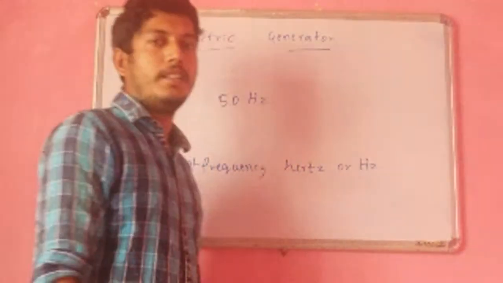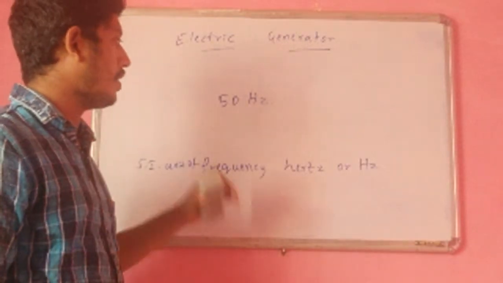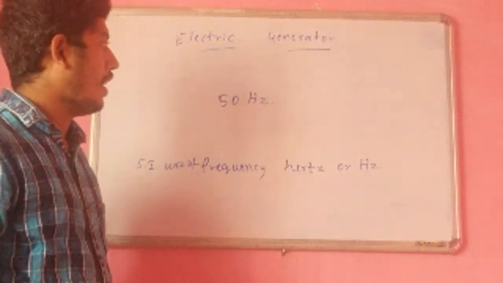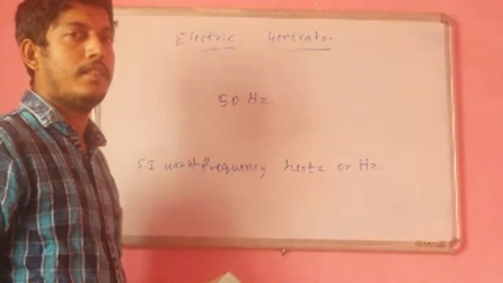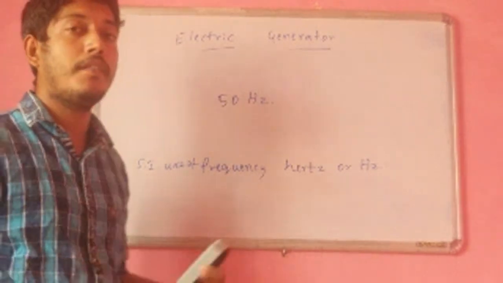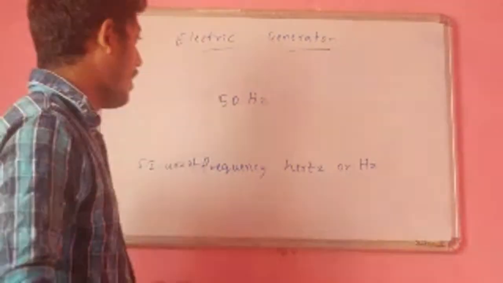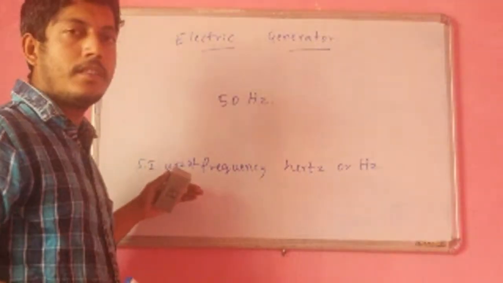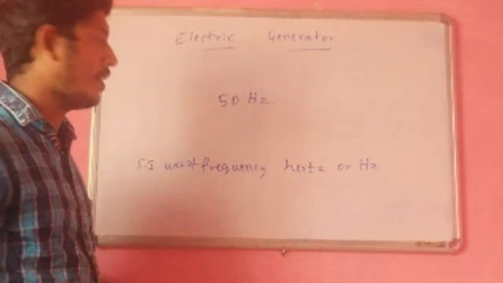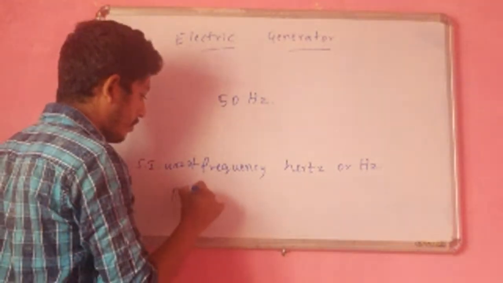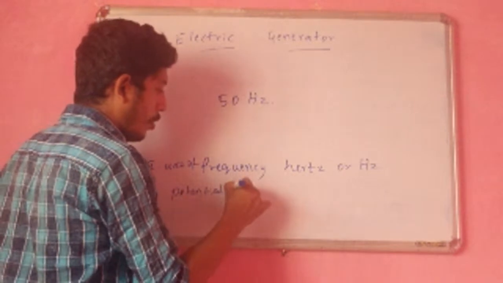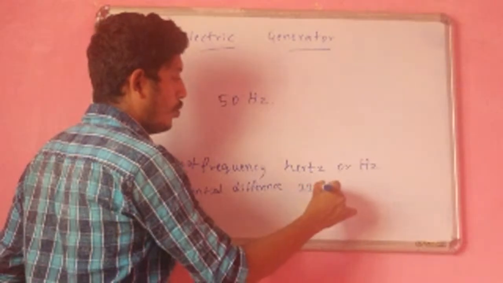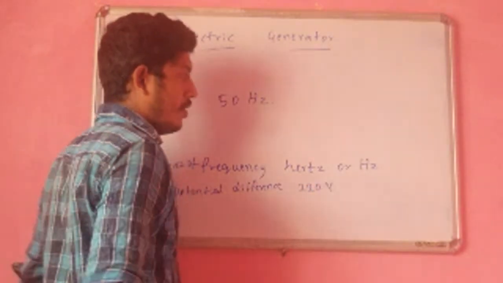So it is the name of a scientist again, and the frequency here is 50 Hertz. Here 50 Hertz means 100 waves per second. And the potential difference in the circuit is 220 volt.